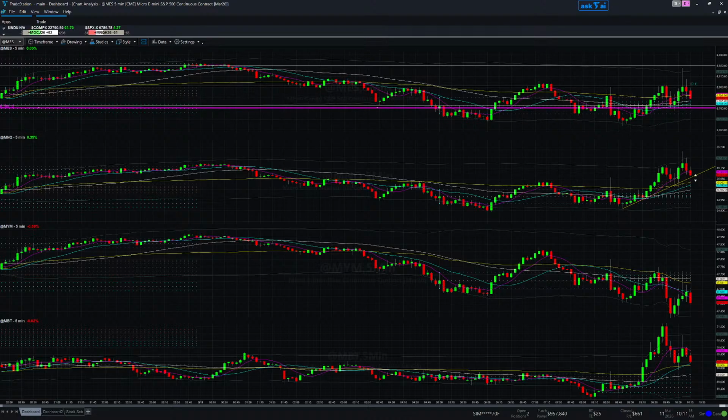If it could break this structure, so you see this yellow line? Remember that yellow line I drew at the open? It's coming to that, it's going to challenge that. Let's see if it bounces off of that, if it breaks through that. And VWAP is right below it, so it could be a fake out. You have to be careful with that. It could cross that yellow line, bounce off of VWAP, and go back up.